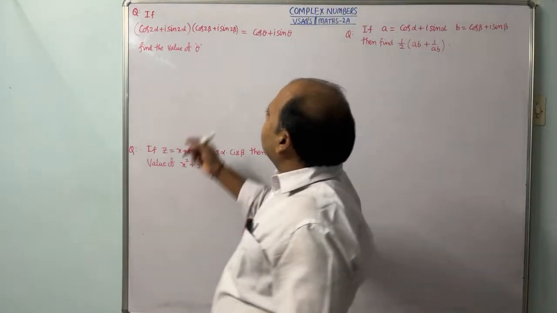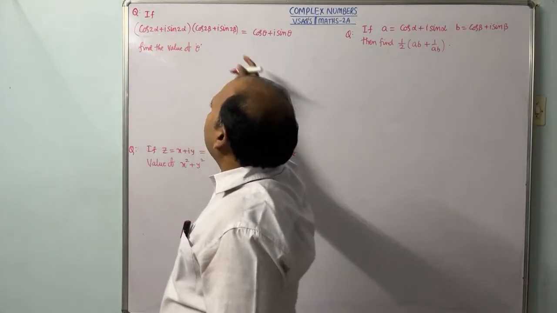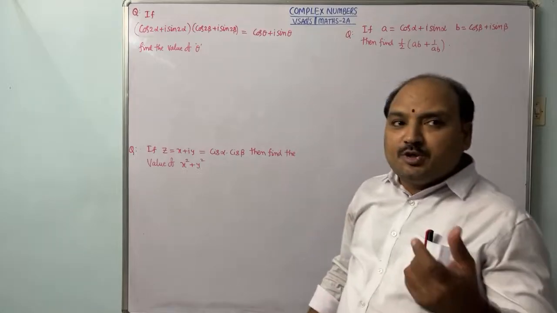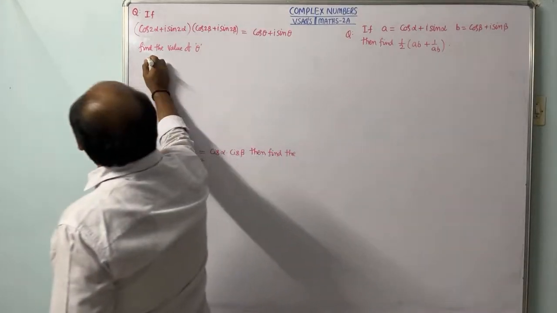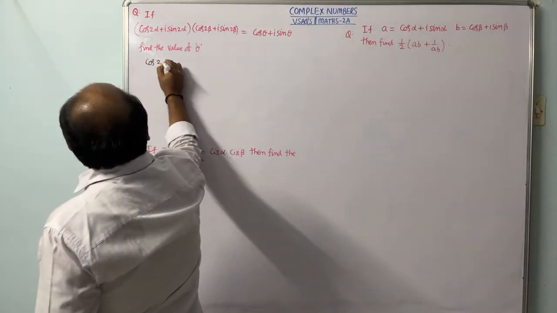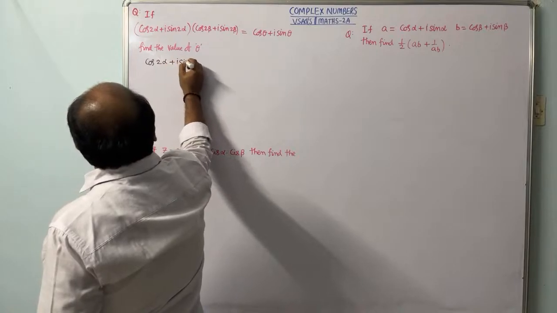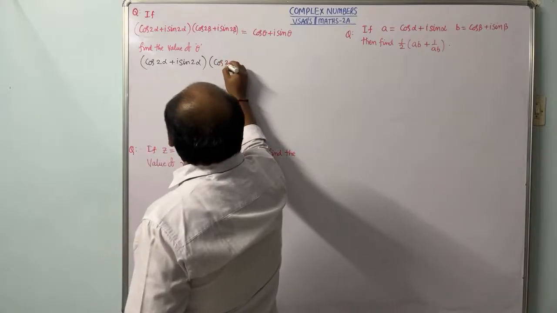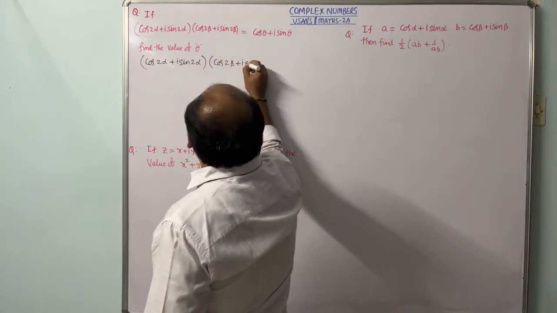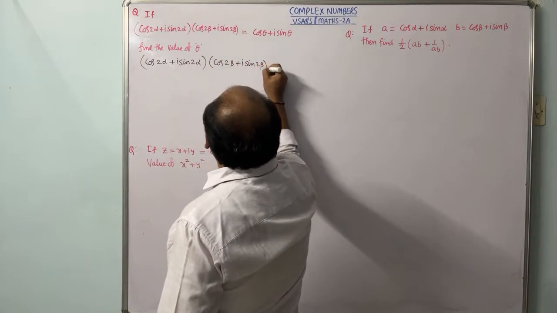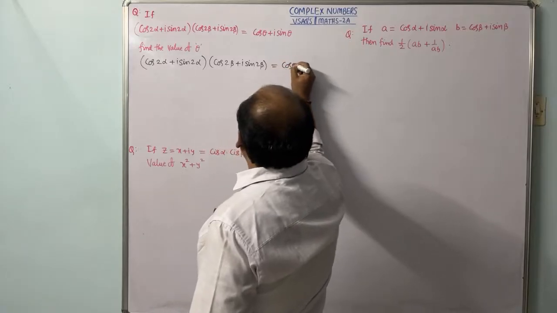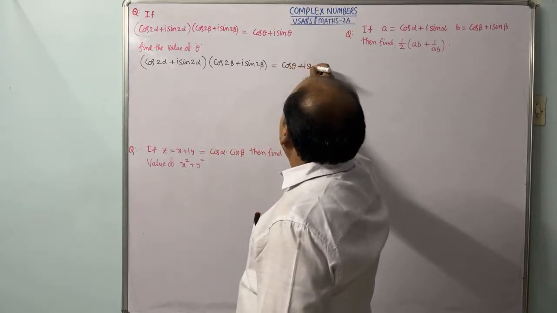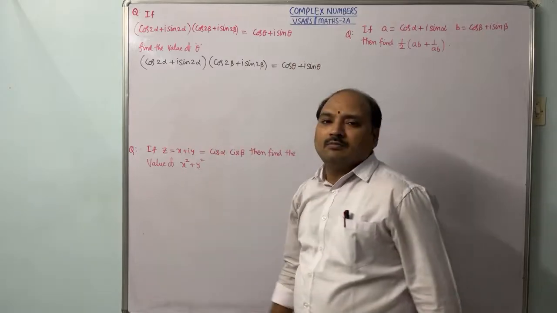See here, first, (cos 2α + i sin 2α) into (cos 2β + i sin 2β) is equal to cos θ + i sin θ.